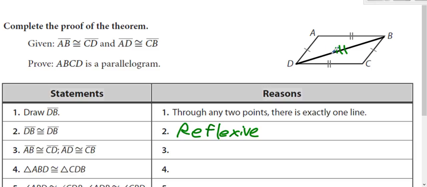AB was congruent to CD, and AD was congruent to CB. That was given. The diagonal we drew split this into two triangles, and now those two triangles are congruent because of side, side, side.